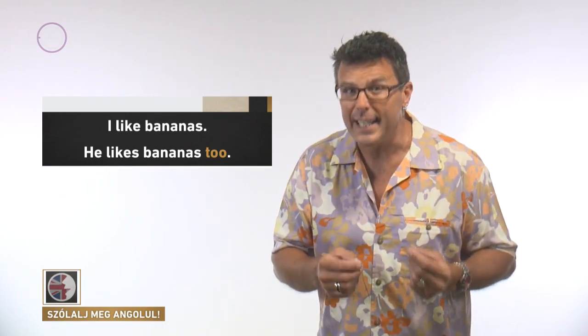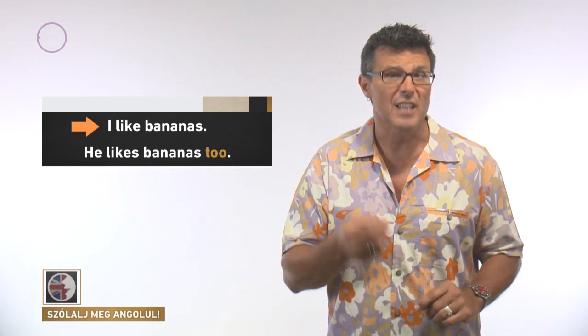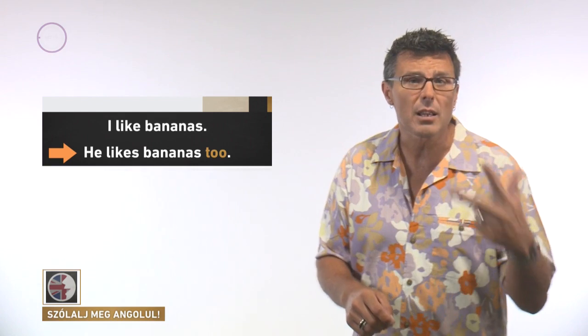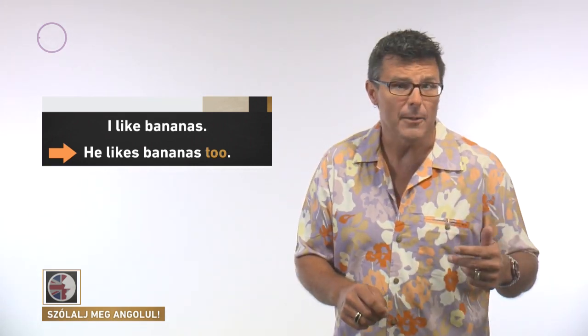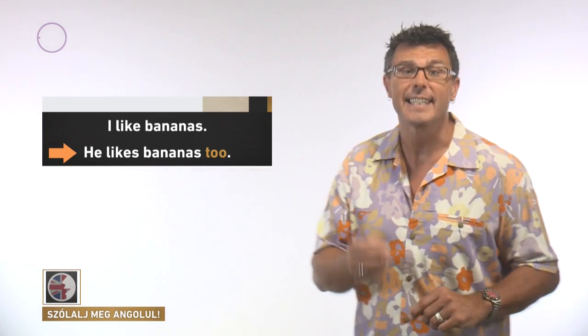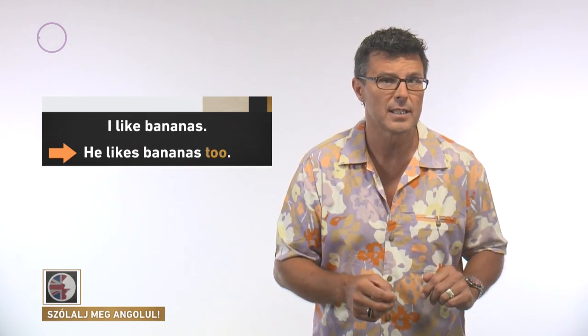As you can see in the examples, when we make the sentence showing agreement, we have to conjugate the verb. In the first sentence, the subject is I, but in the sentence showing agreement, the subject is the third person singular, he, which means that we have to change the verb from like to likes. Like adds an S in the third person singular in the present simple tense.